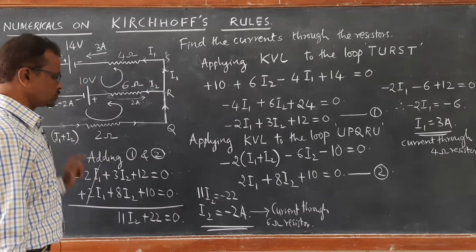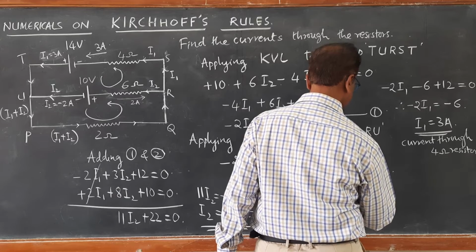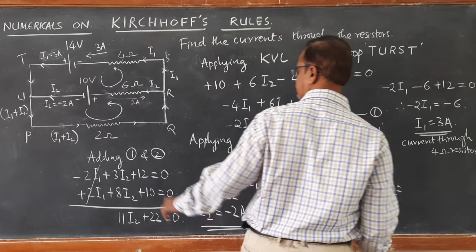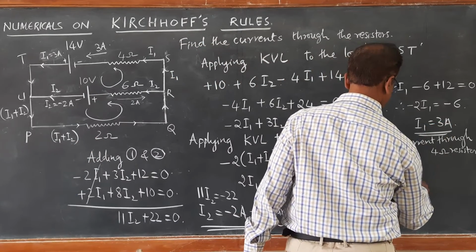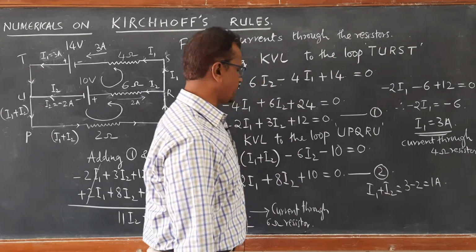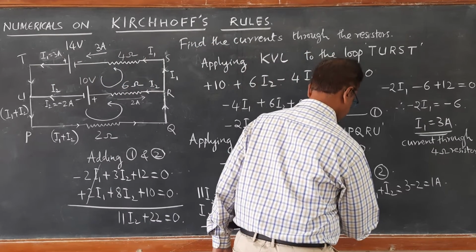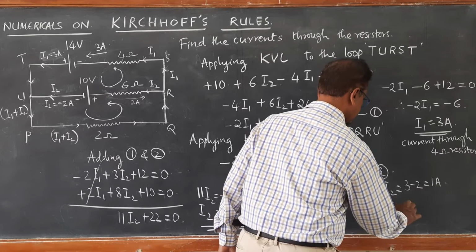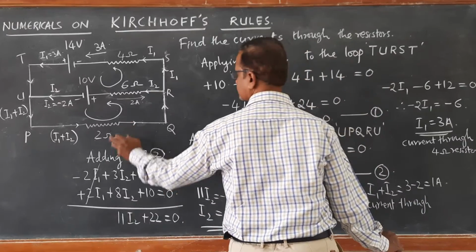So what is the current through the 2 ohm? Current through the 2 ohm is I1 plus I2. I2 is negative, I1 is positive. So 3 minus 2, that is 1 ampere. Therefore, the current through the 2 ohm resistor is 1 ampere. This is the current through the last branch, the 2 ohm resistor.